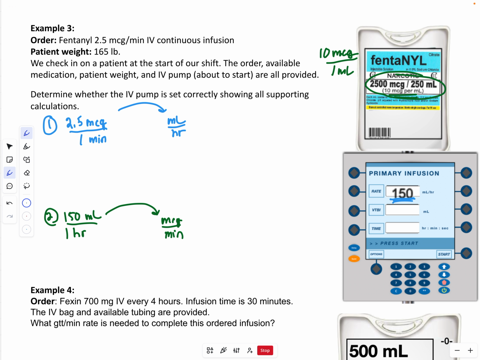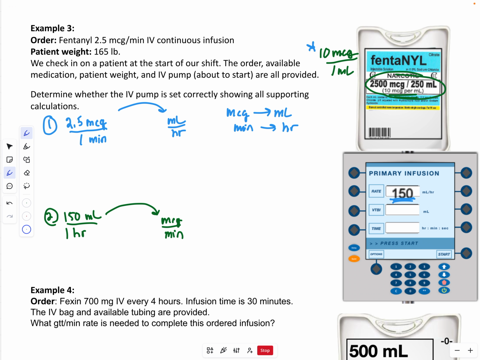For the video here, I'm going to go over both ways. I'm going to start with just the first way. Let's turn those micrograms into milliliters, and we can do that using the bag, right? We have the strength of the medication, and then we can turn those minutes into hours. We should arrive at the same conclusion, whether it's accurate or not.